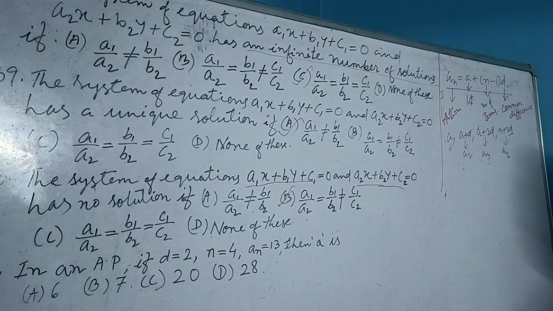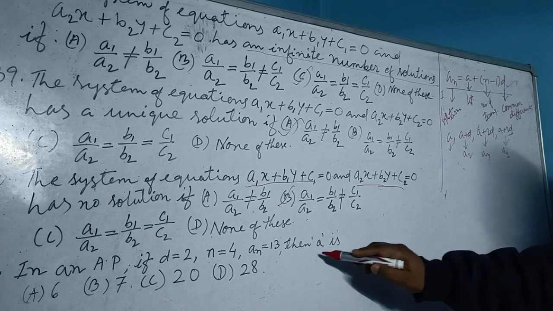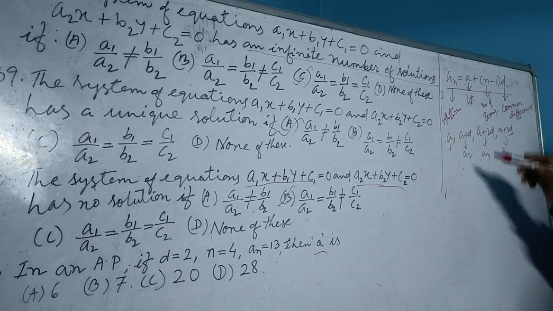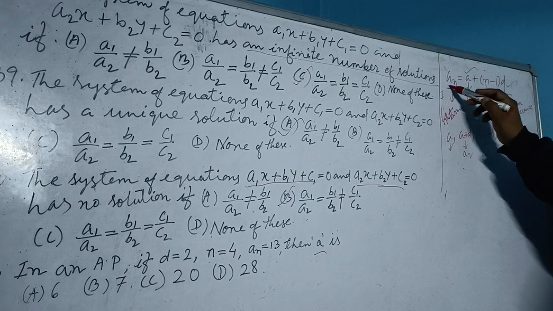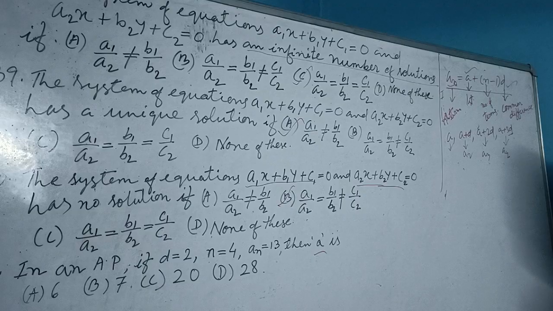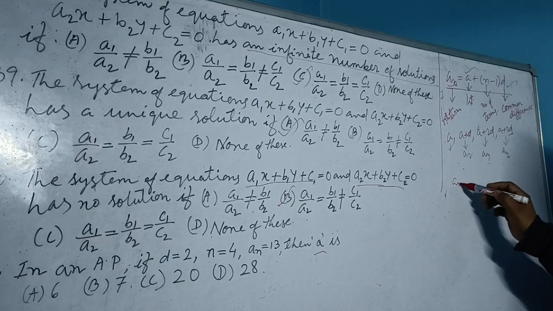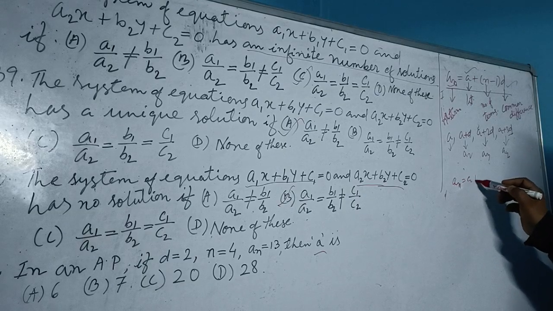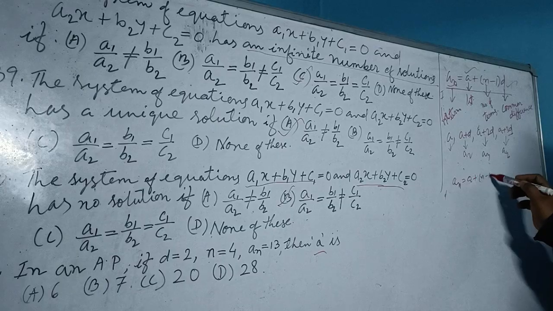Now our question is to find a, the first term. The nth term is given, n is given, and d is also given. So substitute in the formula: an is equal to a plus n minus 1 into d.